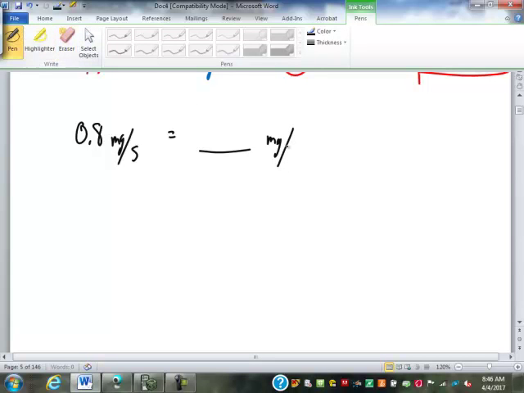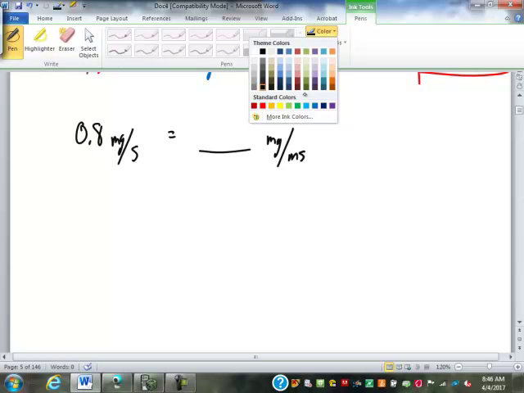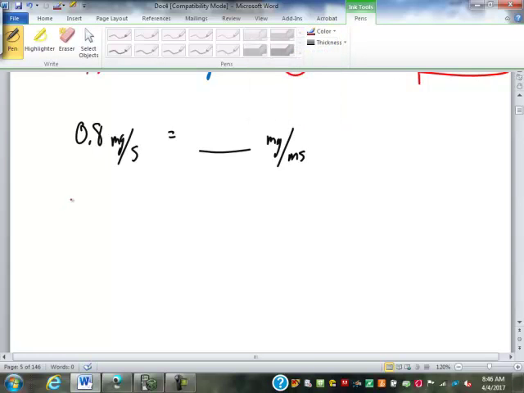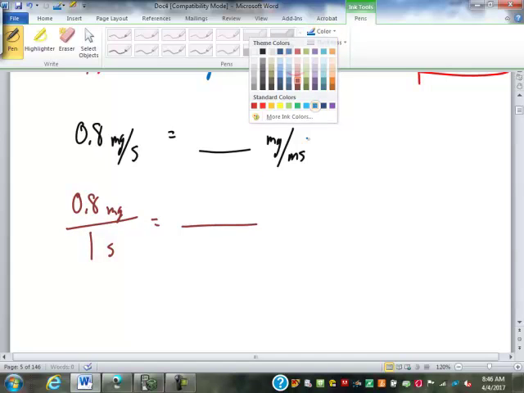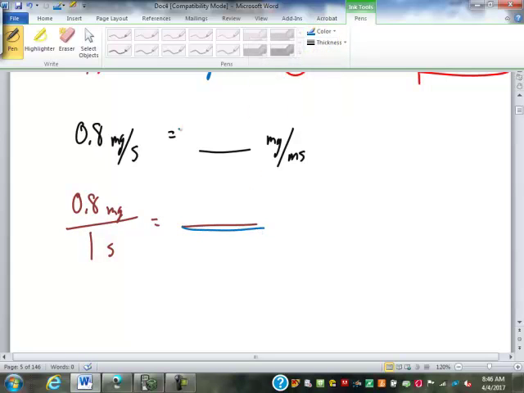So I've got 0.8 milligrams per second. Want to convert that to milligrams per millisecond. That's 0.8 milligrams in 1 second. Are the milligrams changing? No, milligrams and milligrams. The milligrams are not changing, so we'll just leave that as 0.8 milligrams.